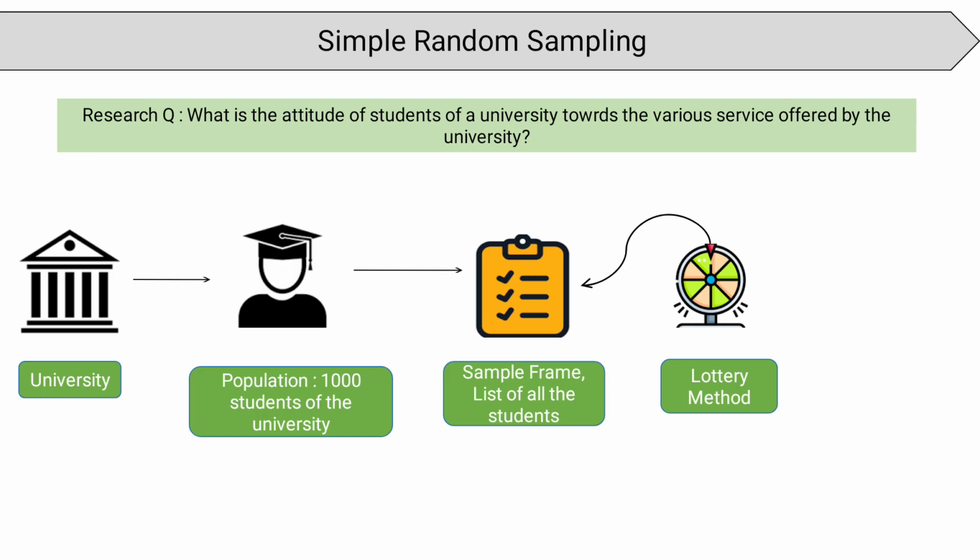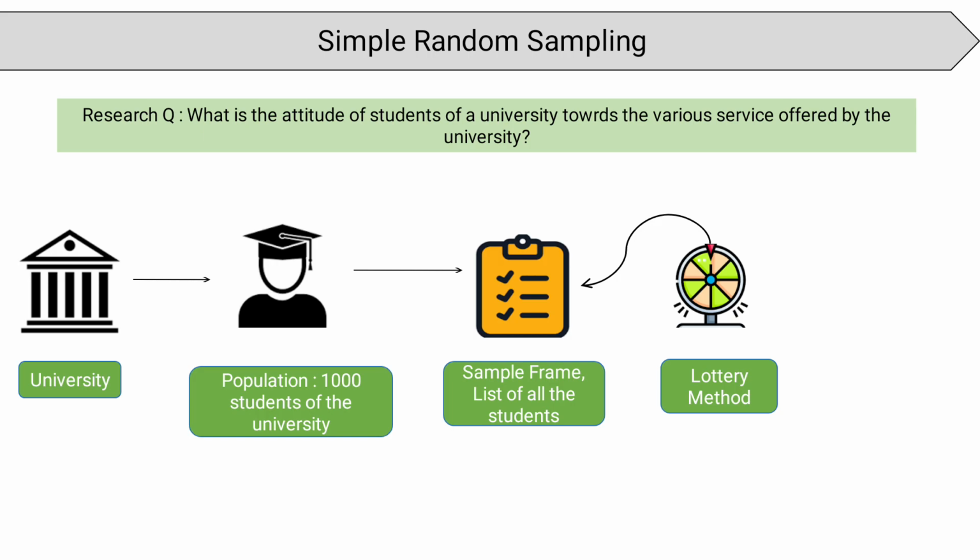So in this method you can do it, or you can generate random numbers and assign them to the students in your spreadsheet, and you can select them for your sampling purpose. So there are many methods, and there are also websites available that you can use.